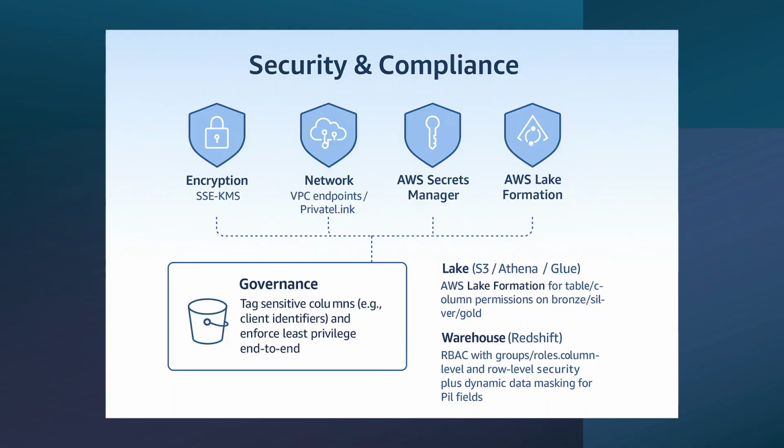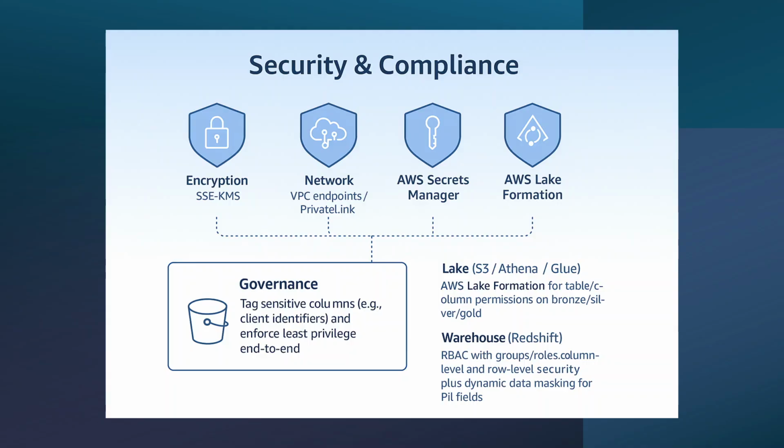For auditing and compliance, every API call is logged by CloudTrail and stored for a year in an immutable S3 bucket with object lock. AWS Config monitors security rules. For example, if a bucket loses encryption or becomes, let's say, public, we get an immediate alert.